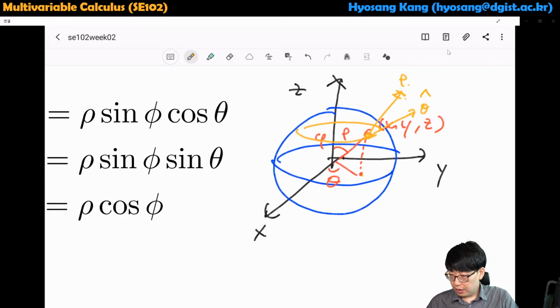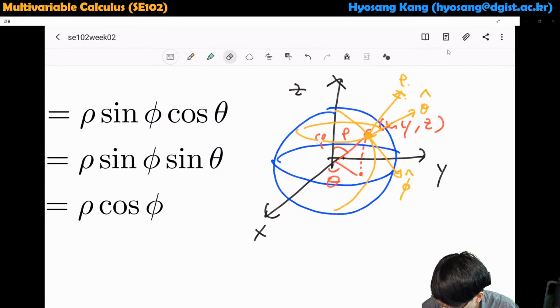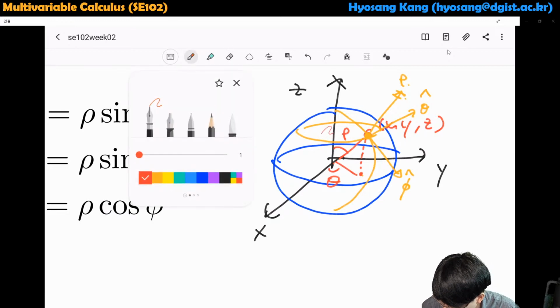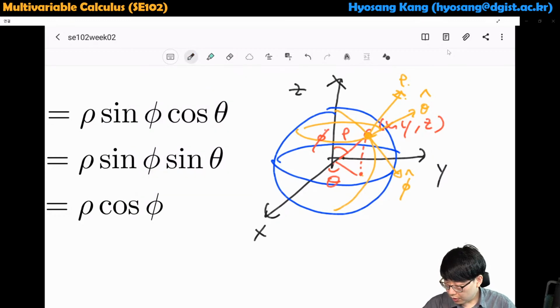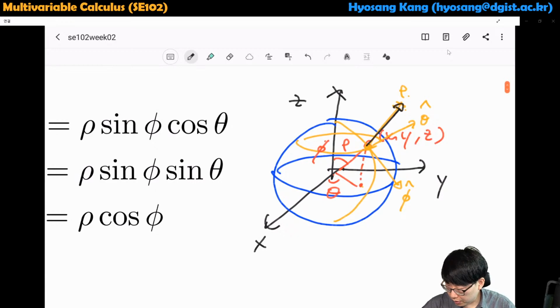So the phi vector: you change your phi angle, and you move along this trajectory, and that gives you the phi vector. Sorry, I used the other symbol here. So we have three vectors: this one, and this one.